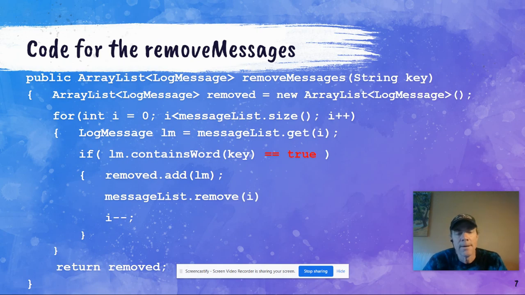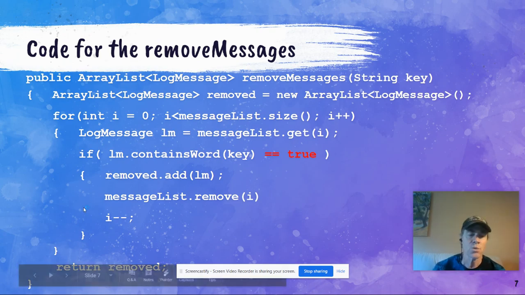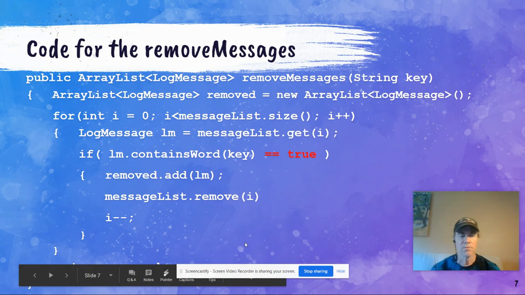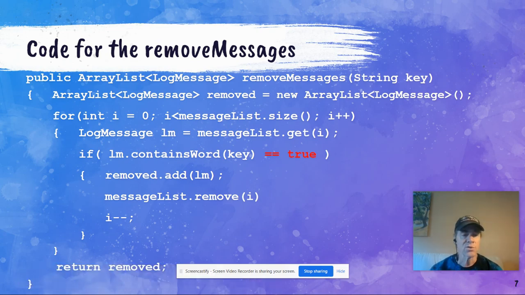And here's where I'm decrementing the iterator. Those are the three things I'm going to do in that if statement. I'm done with the if, and that's also the end of my for loop. So when I get outside of that for loop, I'm done. I've removed them all, and I'm going to return the array list that I just made.